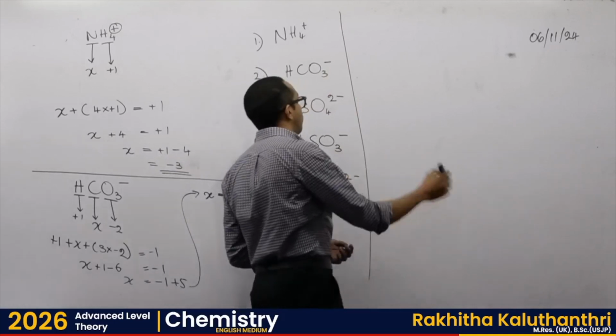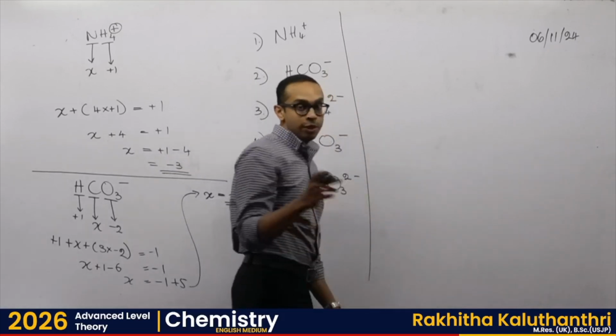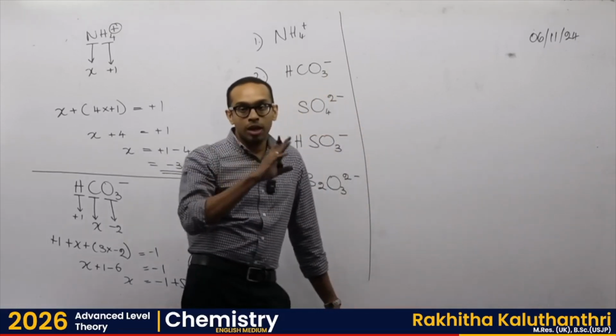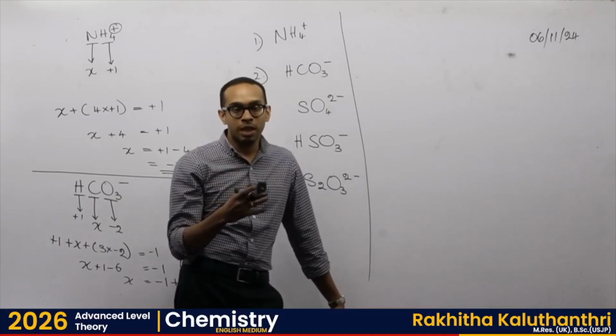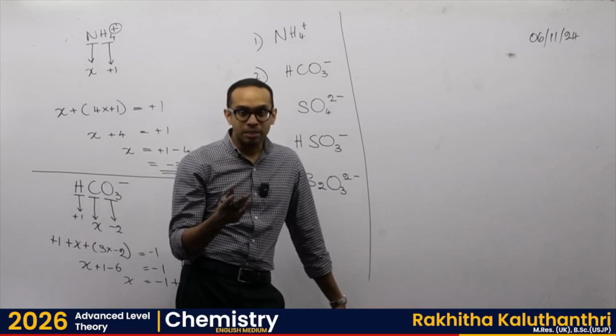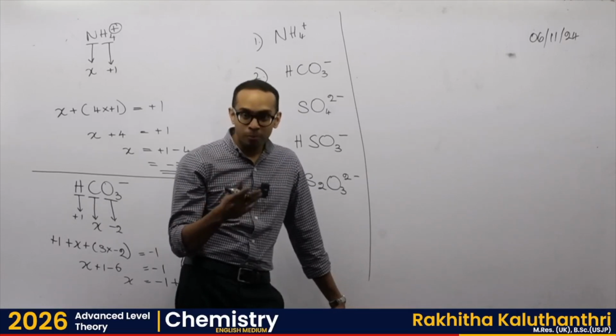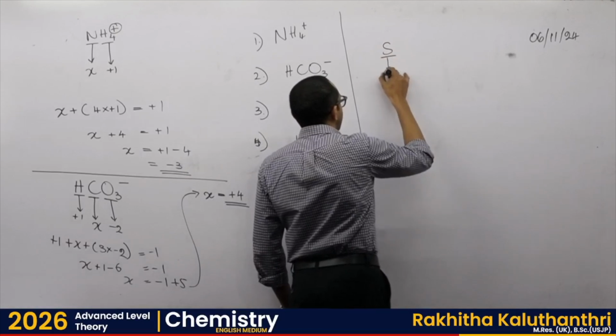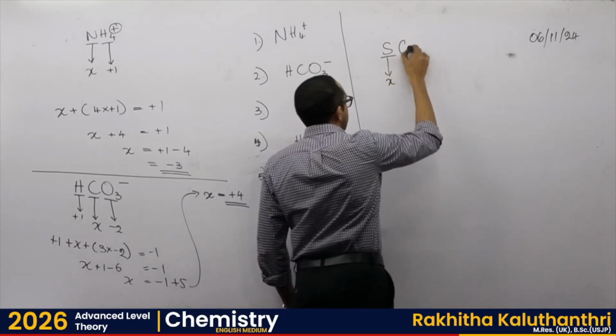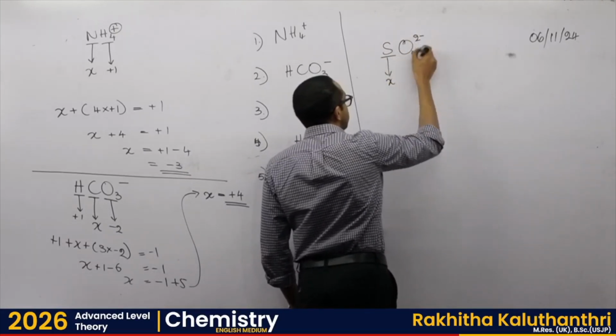Sulfate, you have already done this. Sulfate, when you were doing it manually without having this method, what was the oxidation state of sulfur? Plus 6. Here also you get plus 6. So you have sulfur, which you don't know the oxidation state of, let's say X. So this is the ion.